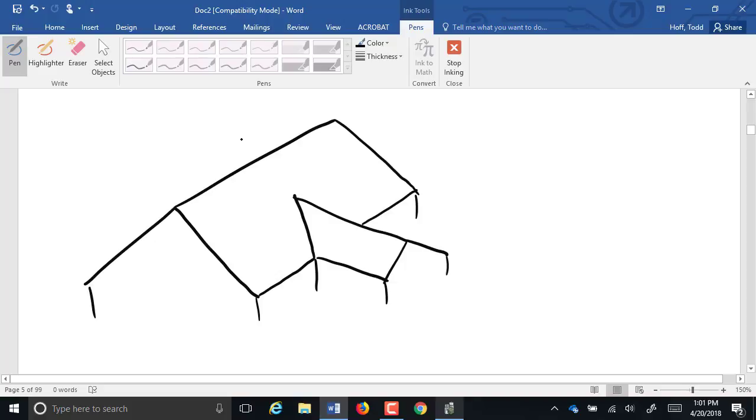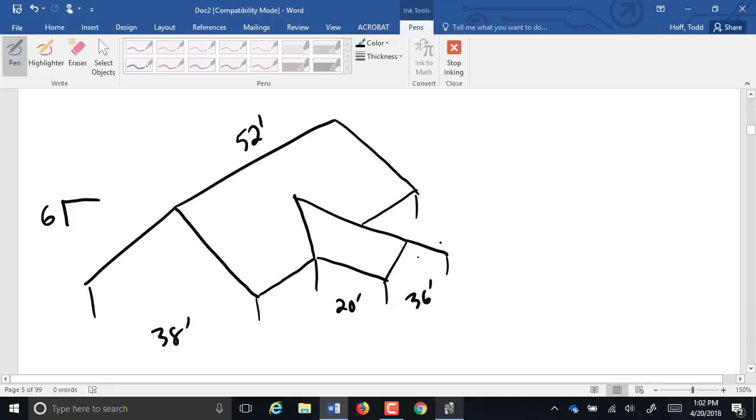Okay, so let's say this ridge here is 52 feet. We're going to give this over here a 38-foot span. This is going to stick out 20 feet. This is going to be 16 feet here. Let's give this slope a 6/12 slope.